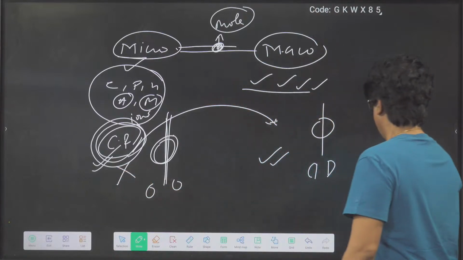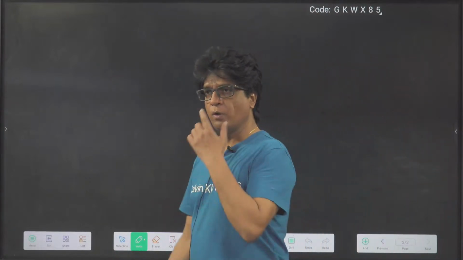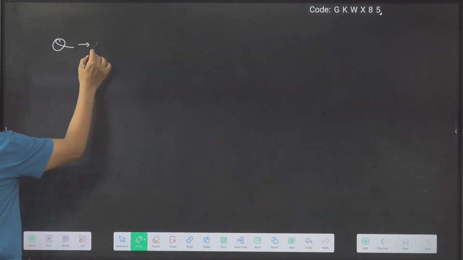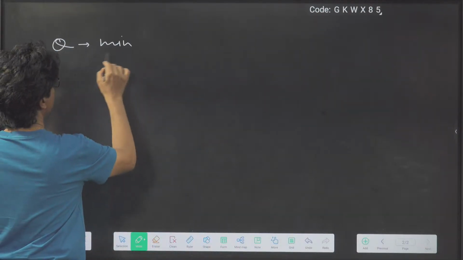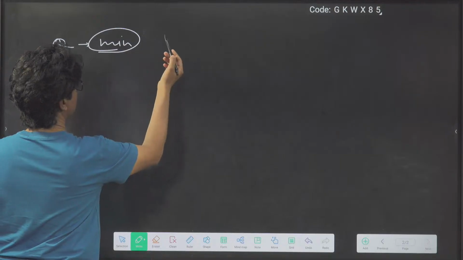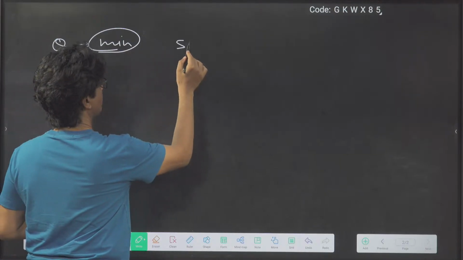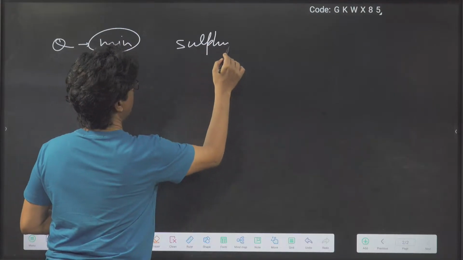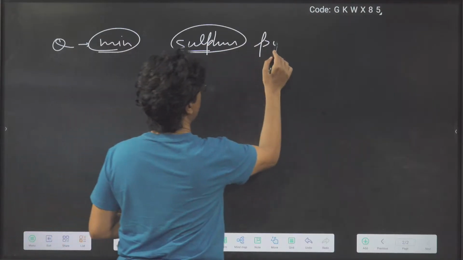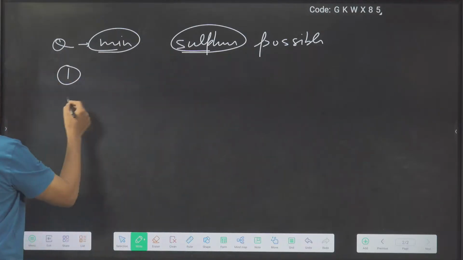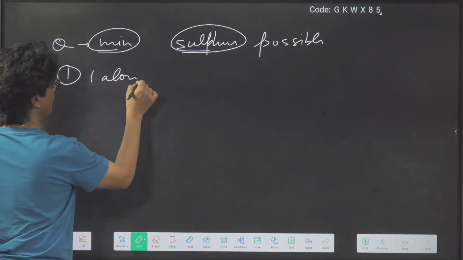Yesterday we were also doing certain questions. Let me repeat one question for you: what is the minimum possible amount of sulfur? The first option is 1 atom.